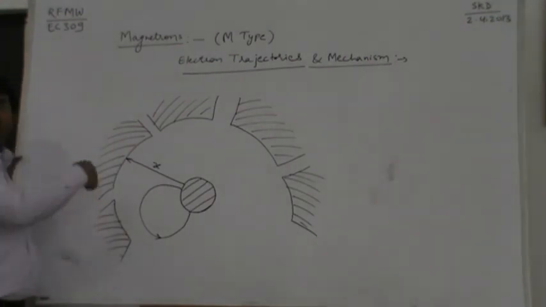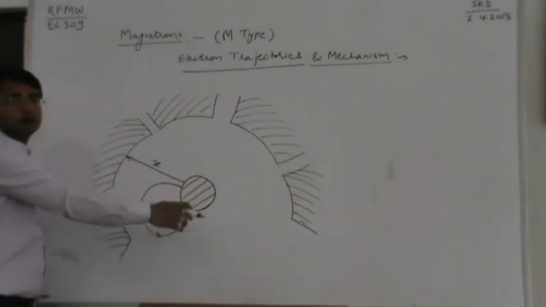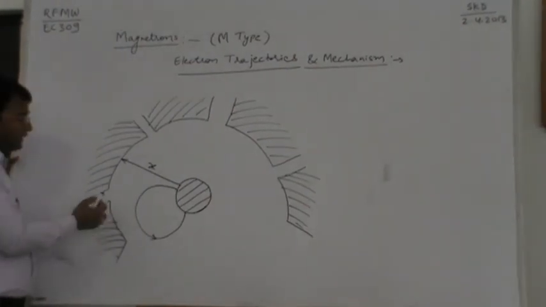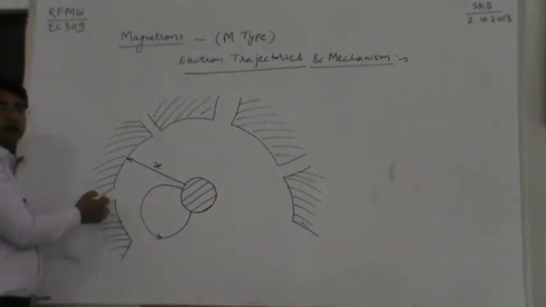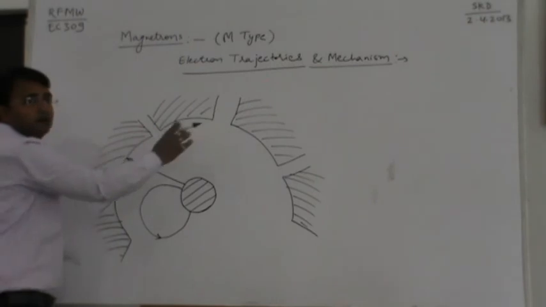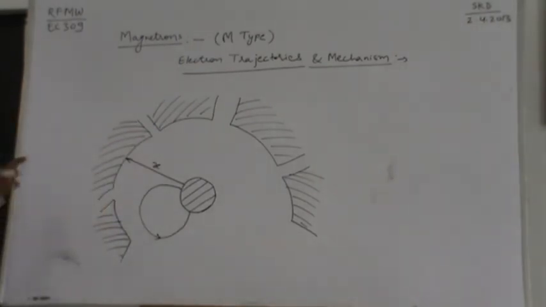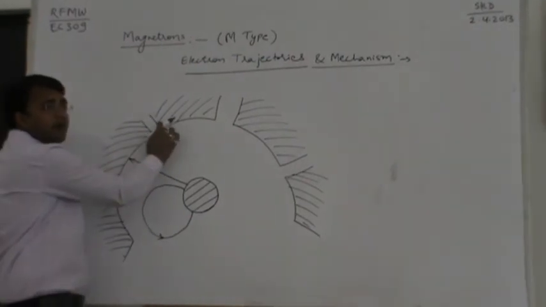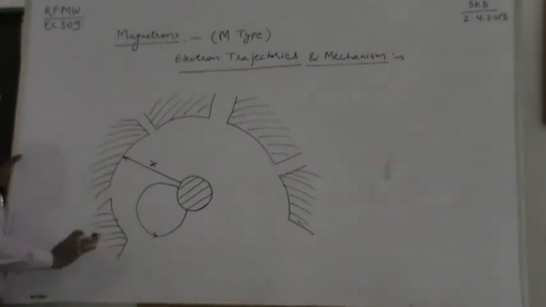In the earlier case, we considered the anode structure to be completely circular. But actually the anode structure has certain gaps, because of the cavities. The anode is a multi-cavity structure, so each cavity has a gap and is connected to the DC voltage supply.